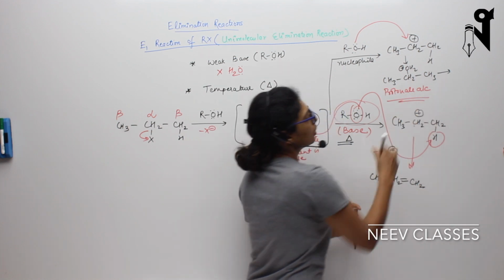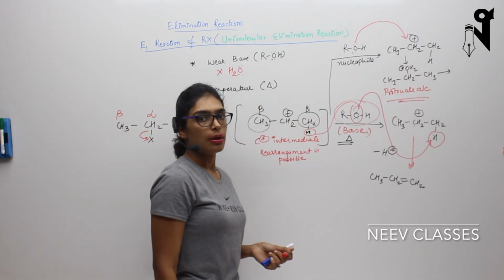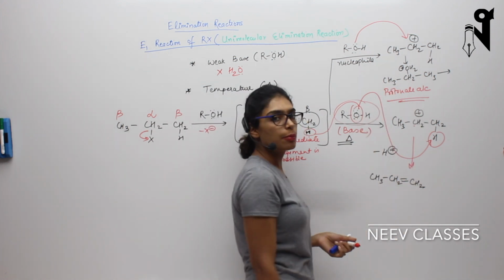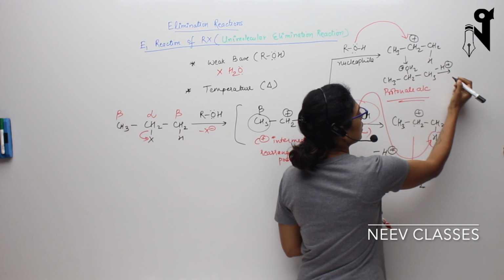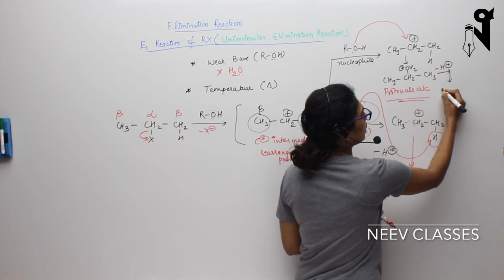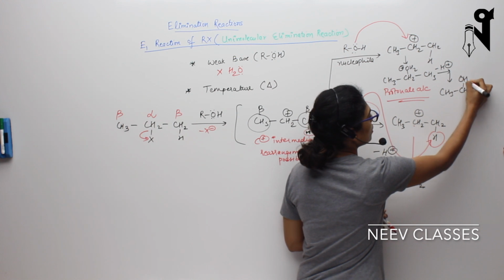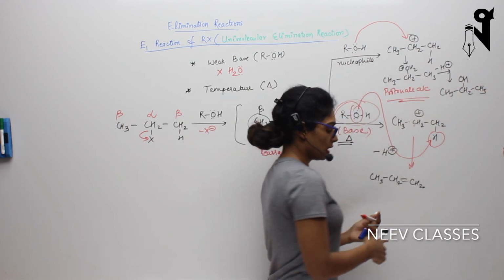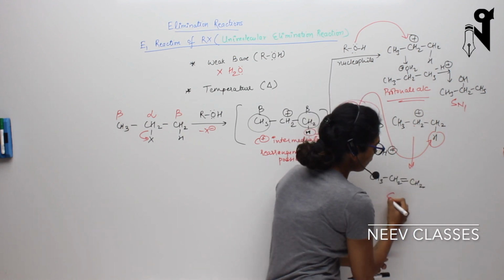This alcohol will lose one of its hydrogens so that this positive charge can be balanced out, or oxygen can gain its pair of electrons to remove this positive charge. So with removal of hydrogen, the compound will become CH3, CH2, OH, CH3. So this is my SN1 product and this is my E1 product.